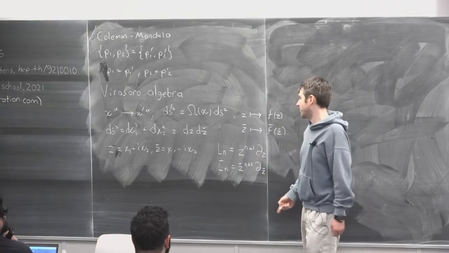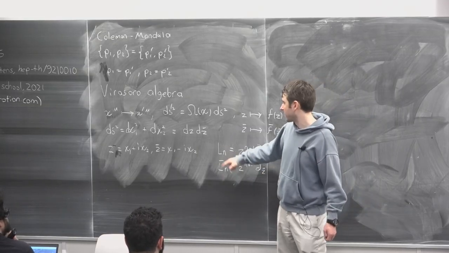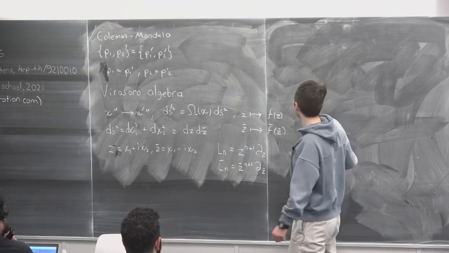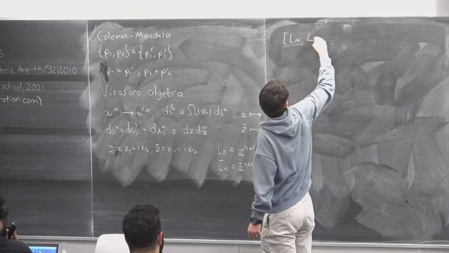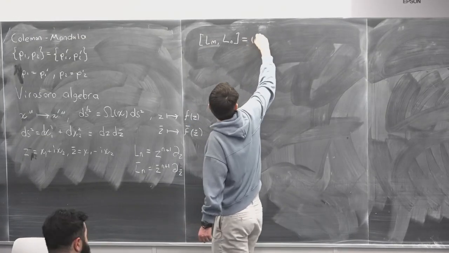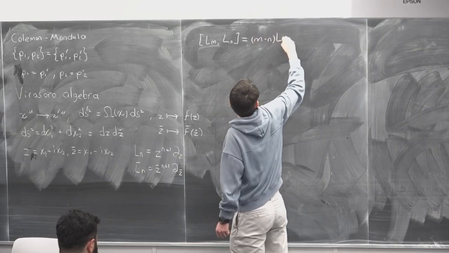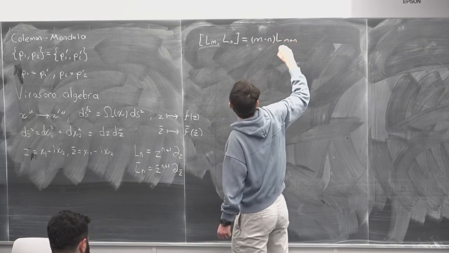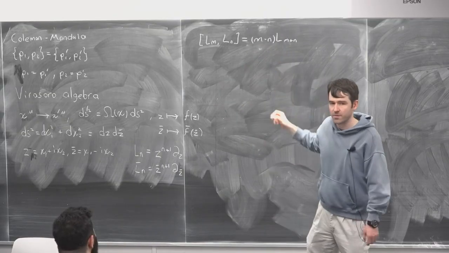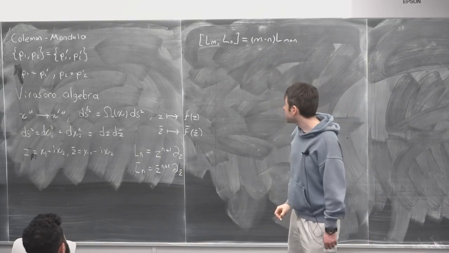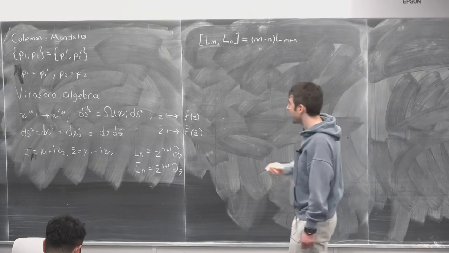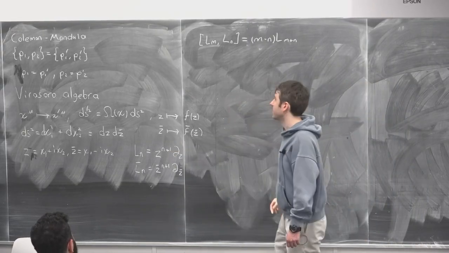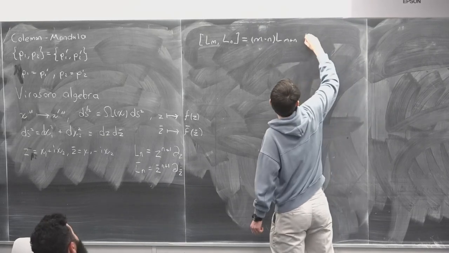And these satisfy an algebra. So you can see what the commutation relations are between the L's and the L bars. And you end up with this, and similarly for the L bars. So there's one more term which we need to add, which you cannot get by looking at the vector fields, but it turns out to be very important.